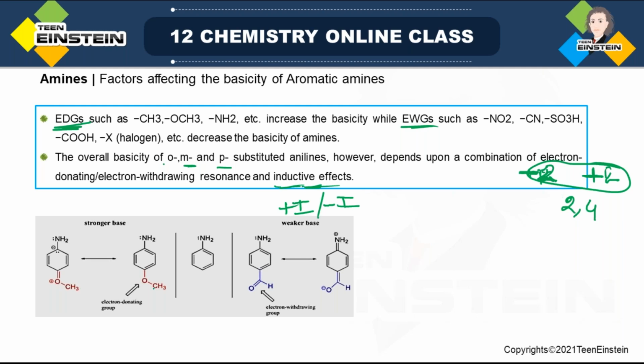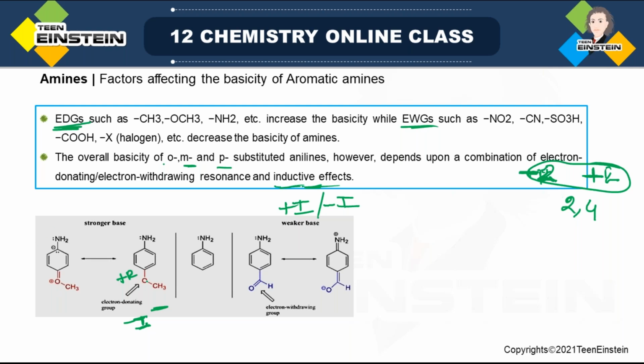Here we have an example. This is para-methoxyaniline. As it has plus R effect, you can also say that OMe has minus I effect. But remember, though it has minus I effect, R effect is always more important than I effect. So ultimately R effect will win over I effect.